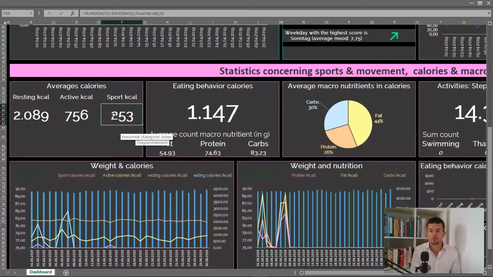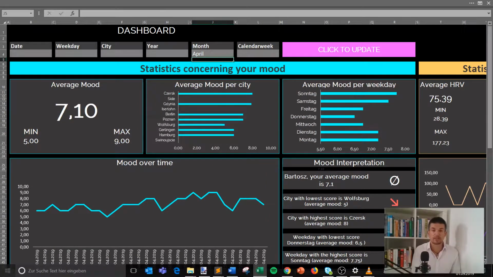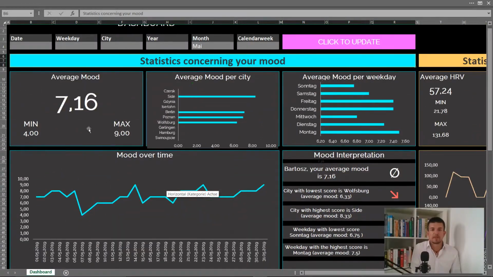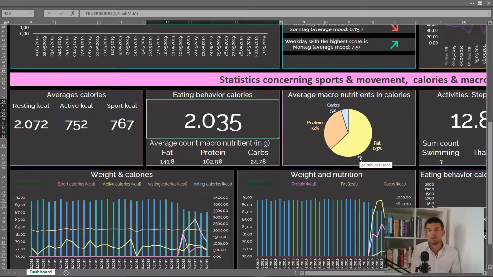So what we can do next is take a look at May, which has to be written in German too. What we see is that we still have around 2000 calories. We have eating calories, but what changed is the fat level is now 63%, protein level is 32%, carbs level is 5%, with carbs at under 20 grams.